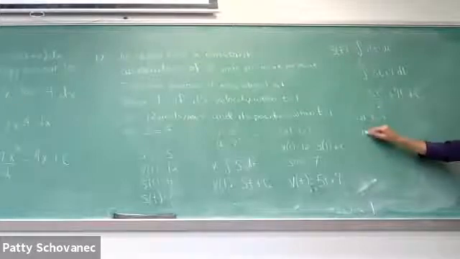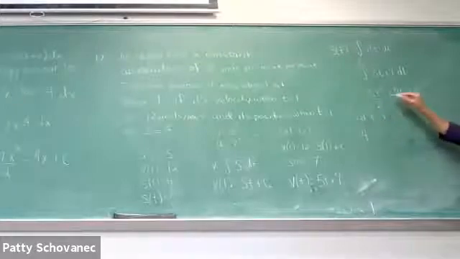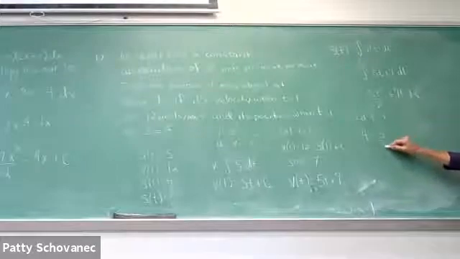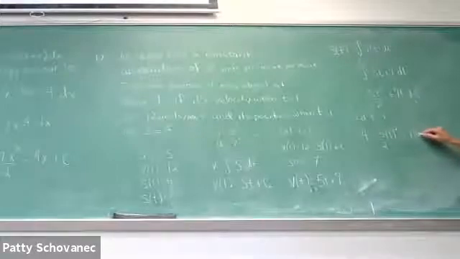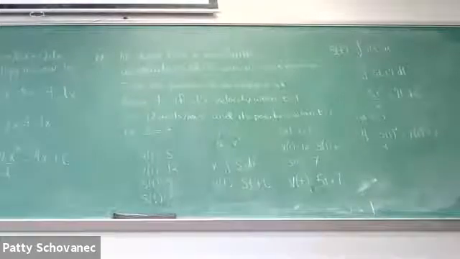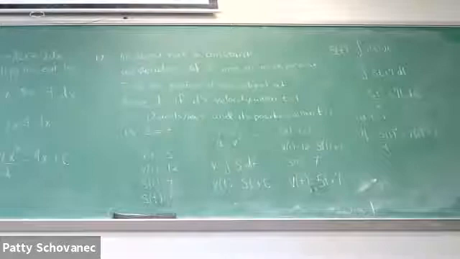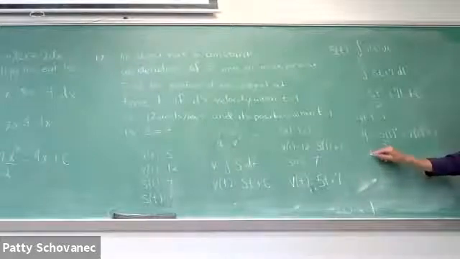So that my position is 4, and when t is 1, I have 5 halves times 1 squared plus 7 times 1 plus c. So 5 halves plus 7 plus c is equal to 4.